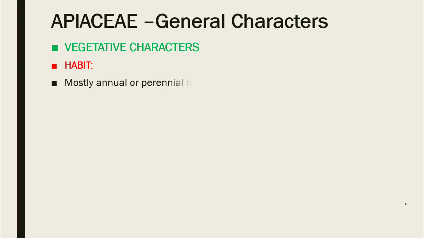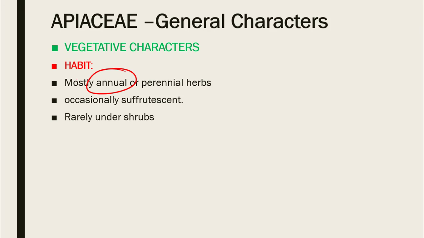We were discussing the general characters of Apiaceae, and this was our previous video in which we discussed the habit of the Apiaceae. So they are mostly annual plants, and I told you what annuals are: the plant which remains alive or functional for one season, and then the plant perishes, it is totally destroyed, only the seed remains if it is a seed producing plant, and then those seeds grow in the next season and the cycle is started again.